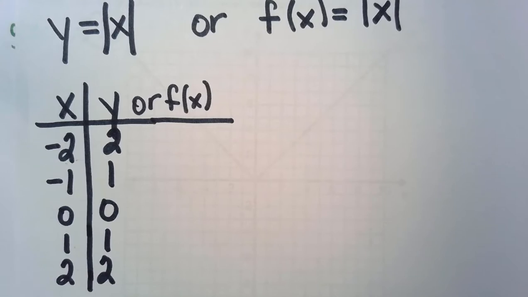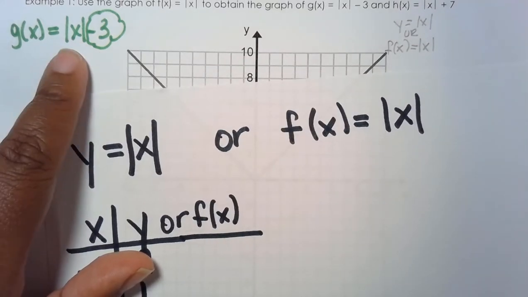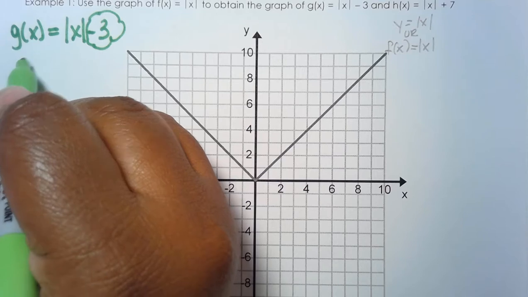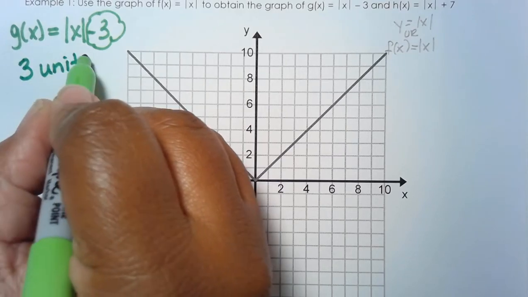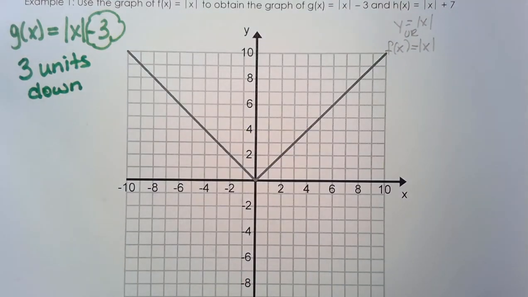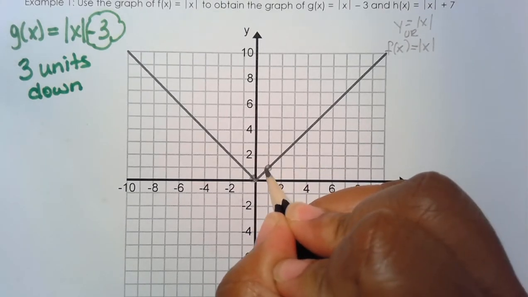Now, let's decide what takes place if you didn't have the graph in front of you, and I ask you, what are the points when we attach a minus 3 to this, g of x is equal to the absolute value of x minus 3? Well, we all know that it's going to shift down 3 units. But what would be the points? So here are the points that I've identified in that table.